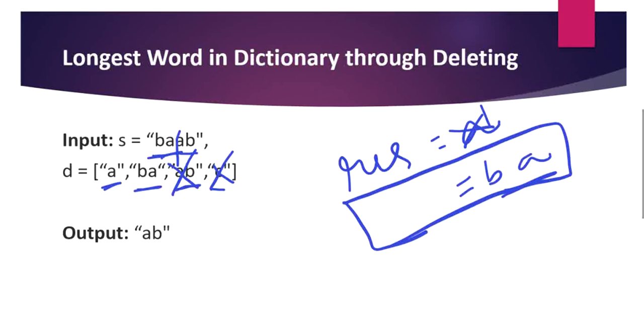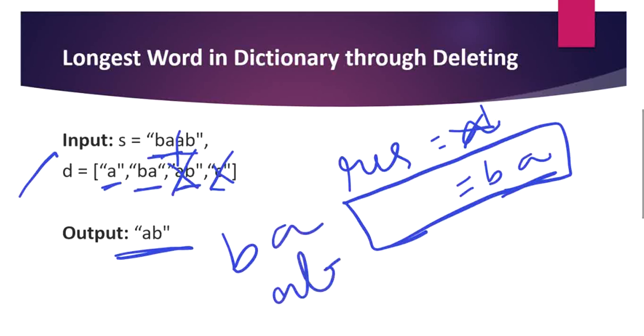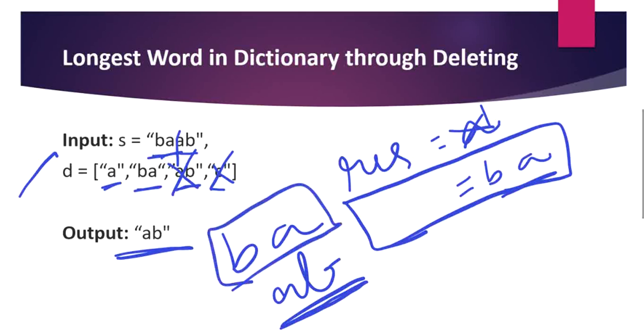But the output of this example is going to be AB. Why? Because out of BA and AB, both are of the same length, but AB is lexicographically smaller compared to BA. So this is going to be our output. This is the second complication I faced while doing that solution.